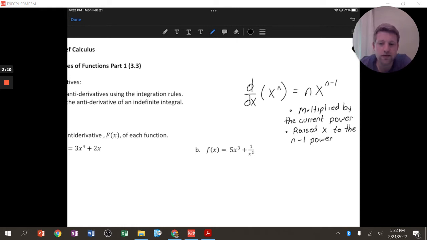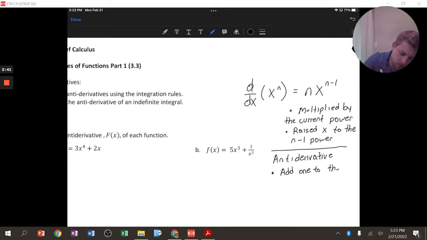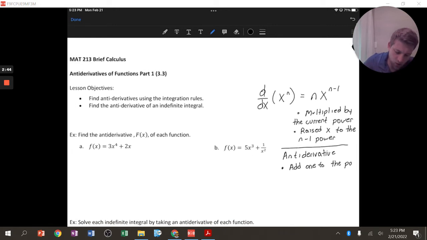So if I consider doing something like this in reverse, I want to first consider adding 1 to the power. When I consider an antiderivative, instead of subtracting 1 from the power, I actually want to add 1 to the power of x specifically.